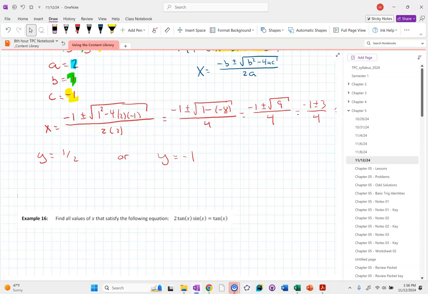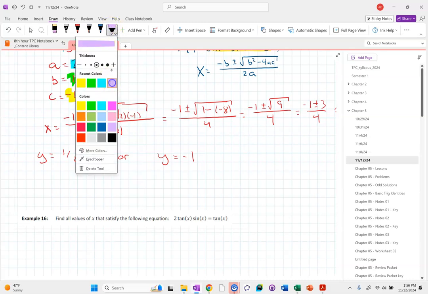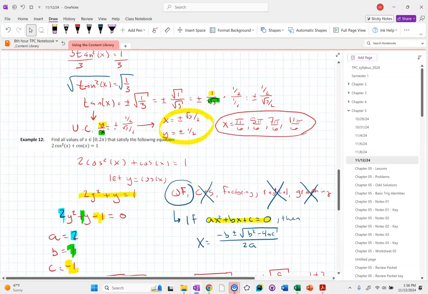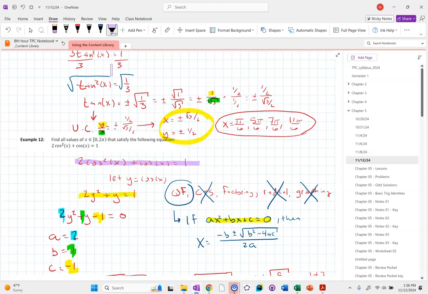No, why not? What is our original problem? Does it have any y's in it? No. What variable's in our original? X's, right? So we've got to put our x's back.